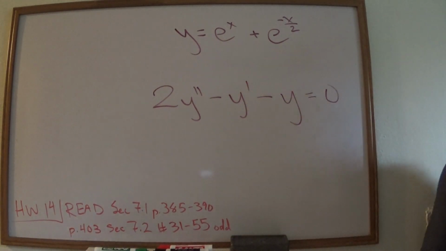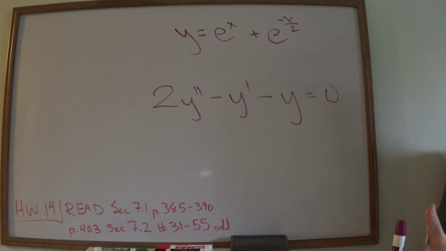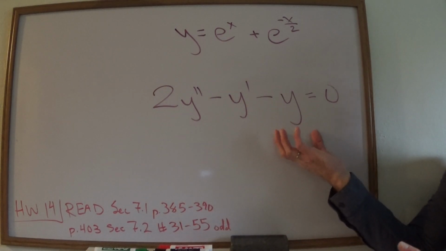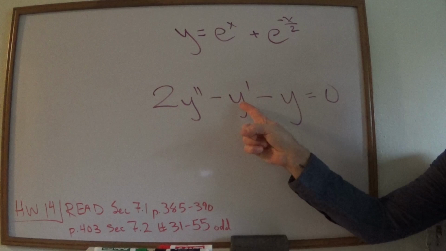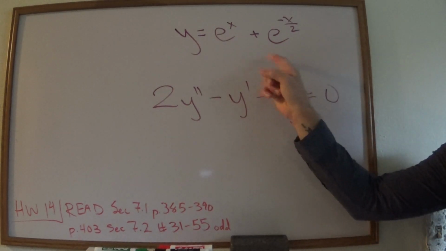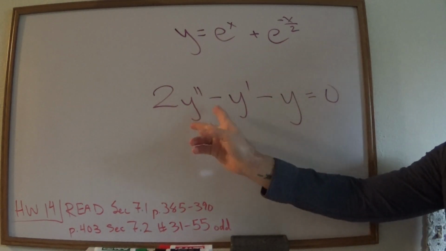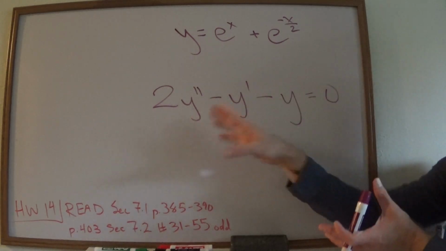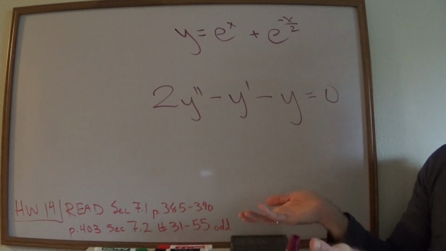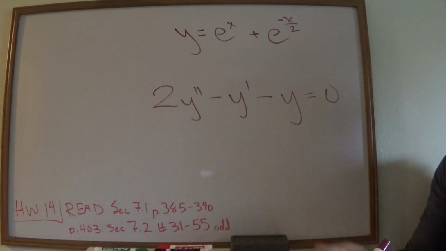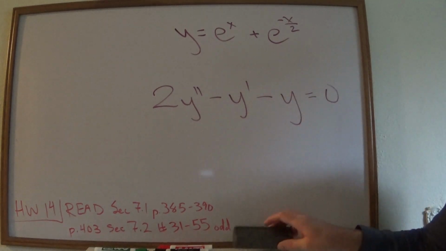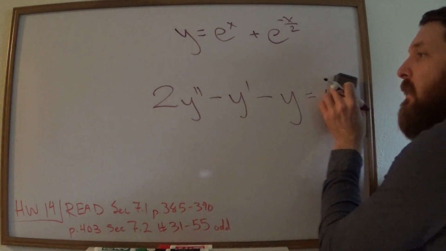To show that something's a solution to the differential equation, you just plug that in. We have y, we'll take a derivative of this and find out what y prime is, take its second derivative and find that. Then you just plug everything in and verify that, yes, it does work out. So that's one of your homework problems. I'm not going to do it for you, but that's the idea there.